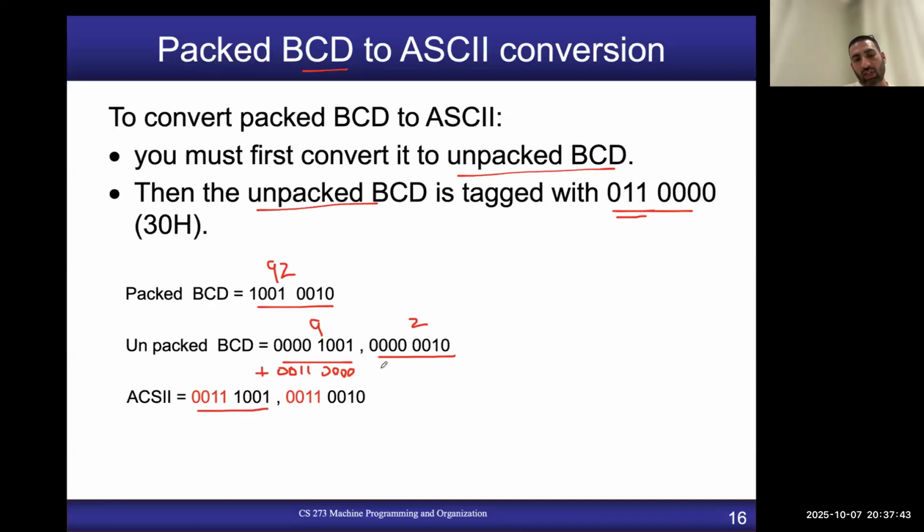Then I do the same thing with the unpacked BCD code of digit 2. When I do this addition, I get 00110010, which is the ASCII of 2, and this is the ASCII of 9.